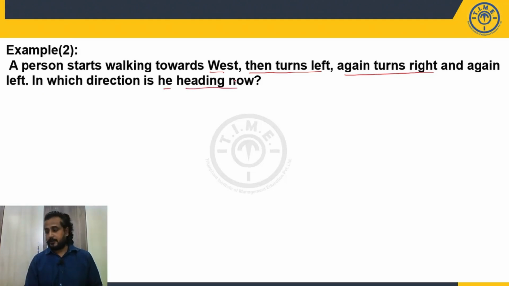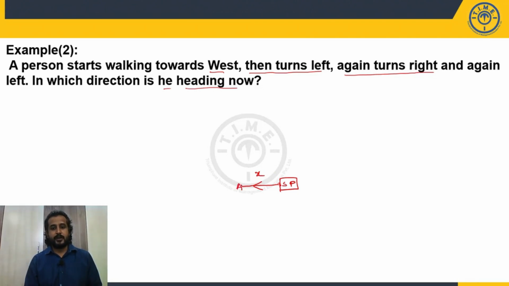Okay. So let's draw the path. How to draw the path? Let's say it is the starting point of the person. So from the starting point, what did he do? He walked towards west, though we do not have the distance. Let's say it is x meters. So he traveled towards west.